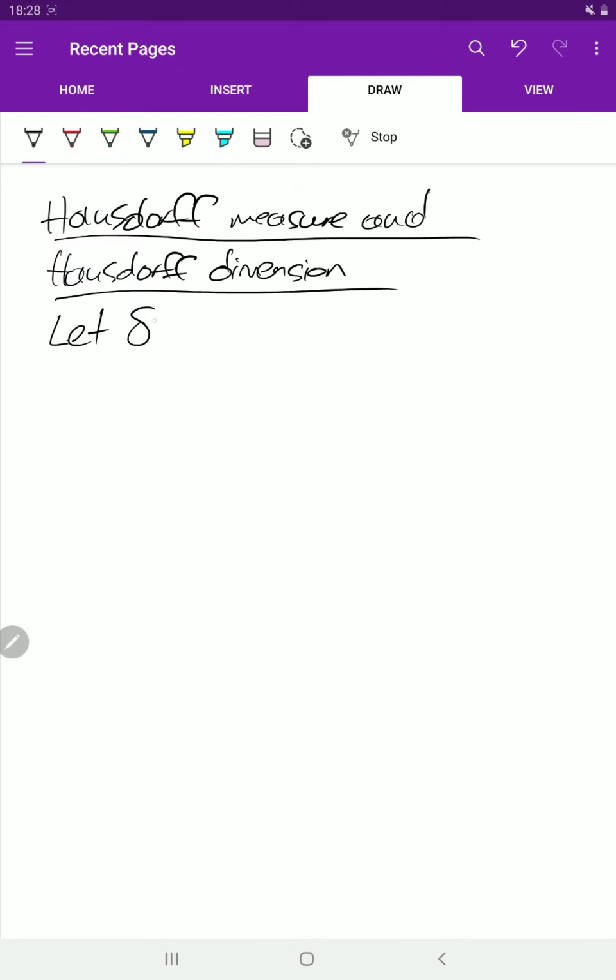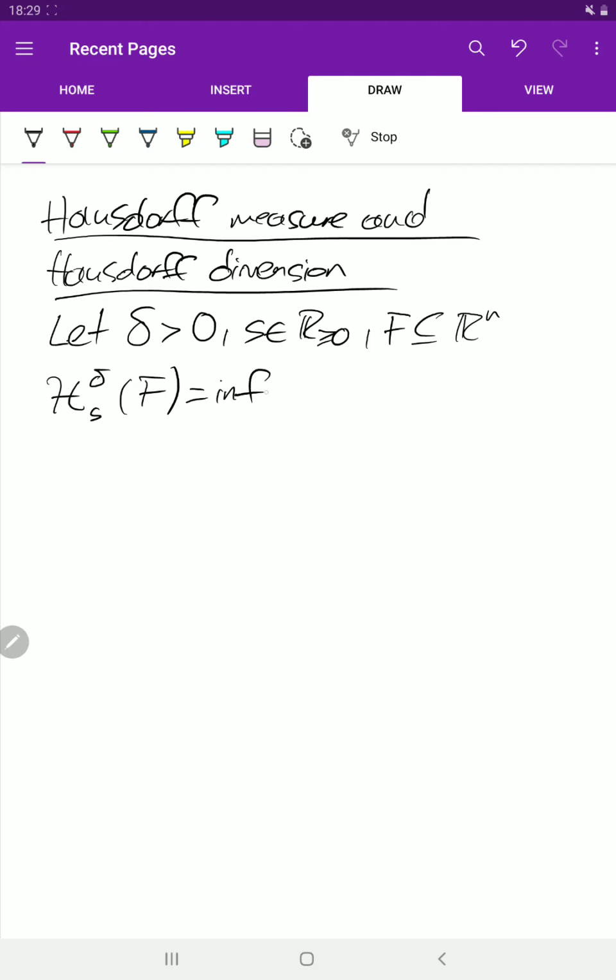Okay, so let's take a positive real number and a non-negative real number, and let's take a subset F of R^n. And now we want to define the Hausdorff measure. So this is not yet the Hausdorff measure, but it will be used to define it.